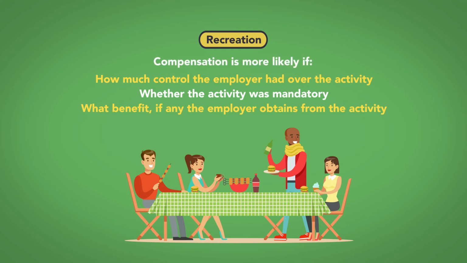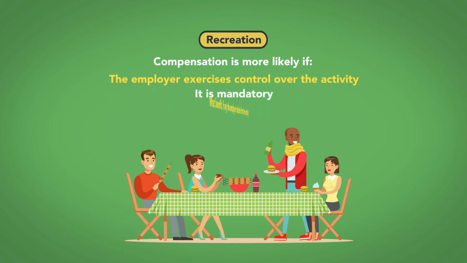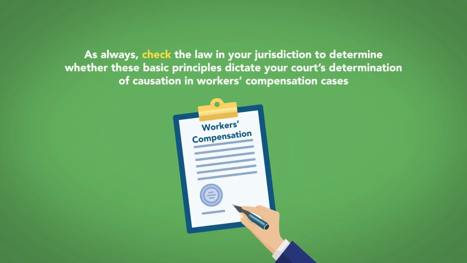Compensation is more likely if the employer exercises control over the activity, if it is mandatory, and if the employer obtains a direct and substantial benefit from it. As always, check the law in your jurisdiction to determine whether these basic principles dictate your court's determination of causation in workers' compensation cases.